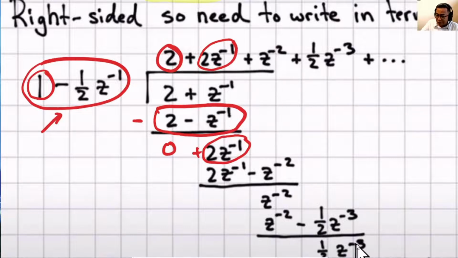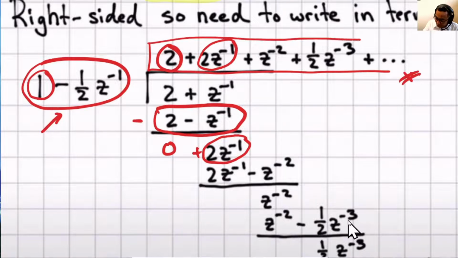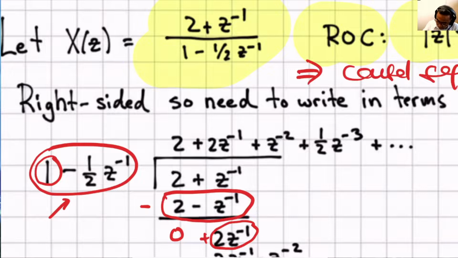And we are arranging the equation this way so that as we are performing the long division, we are getting more and more negative powers of z over here. So you can keep on doing this, and then you will see that you will finally get an infinite polynomial.